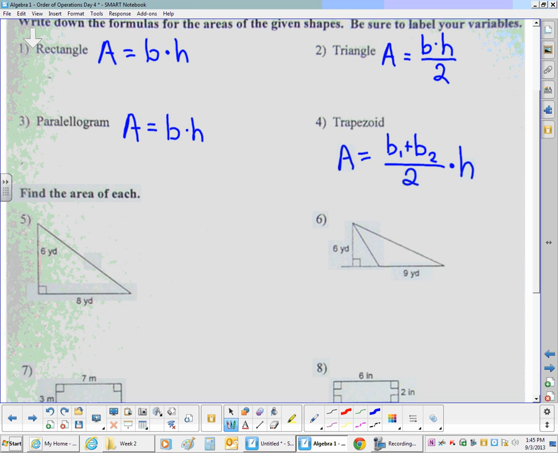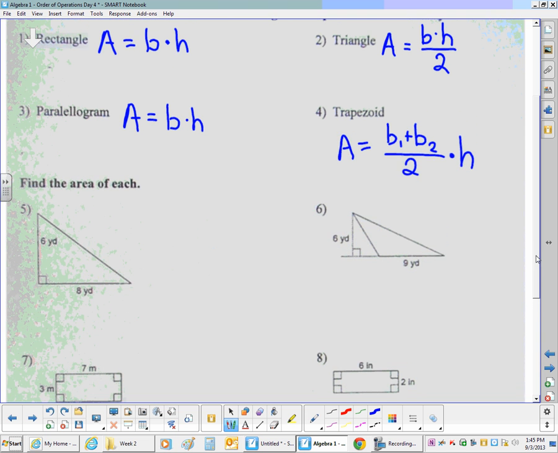So now we are going to find the area of each figure. For number 5, that is a triangle, we know because it has 3 sides. And with triangles, based on our formula, we're looking for the base and the height.